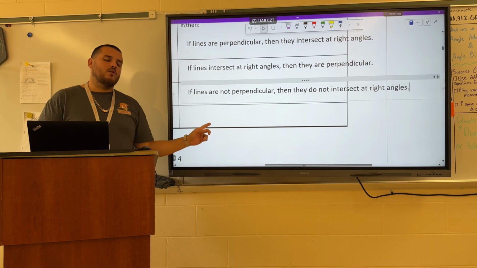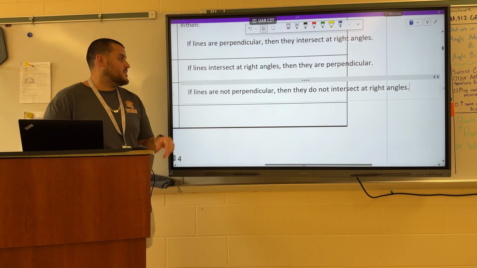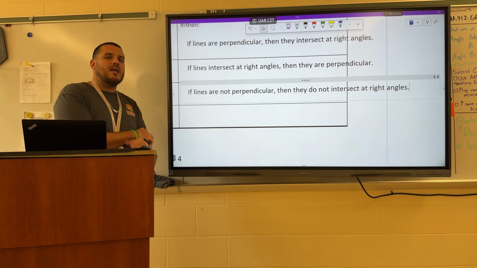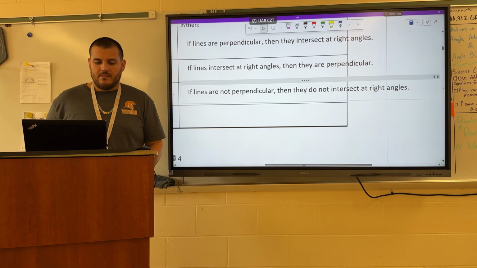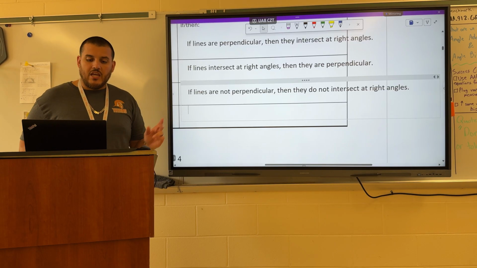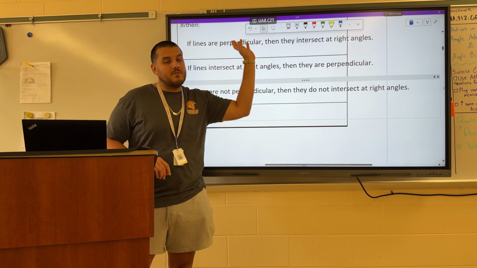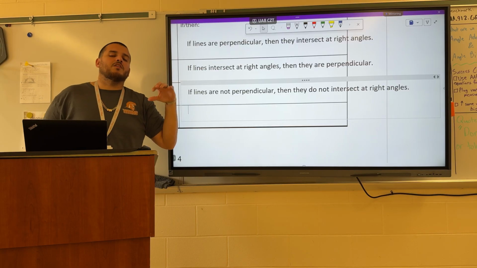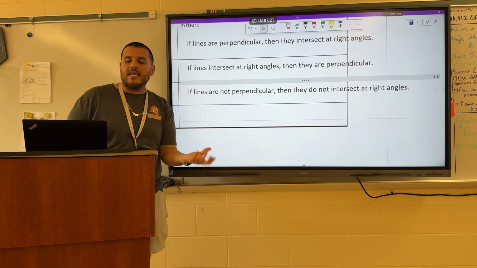And then the last statement we're writing is the contrapositive, which is essentially combining both of the converse and inverse. We're going to exchange and we're going to negate. Okay? So the exchange, remember, is flipping what comes after the if and then. So the intersecting at right angles will come first. But for the contrapositive, we're also going to negate that.